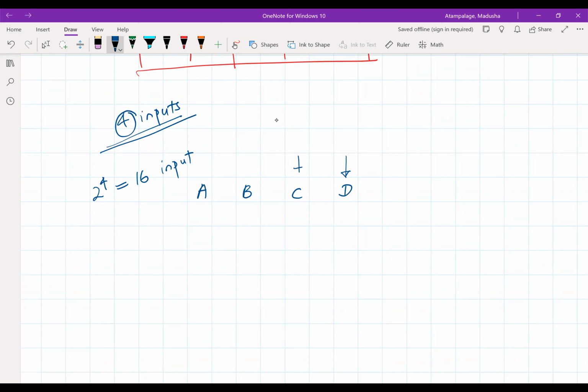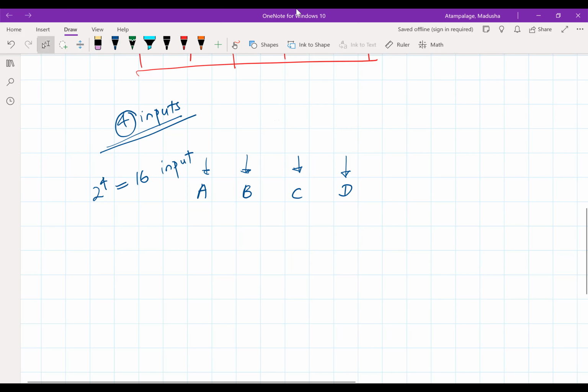Then the next one, 2 zeros, 2 ones, 2 zeros, 2 ones. The next, 4 zeros, 4 ones. Then finally, you can guess, you have to write 8 zeros and 8 ones. After that, you will get a complete table for the inputs when we have 4 inputs.